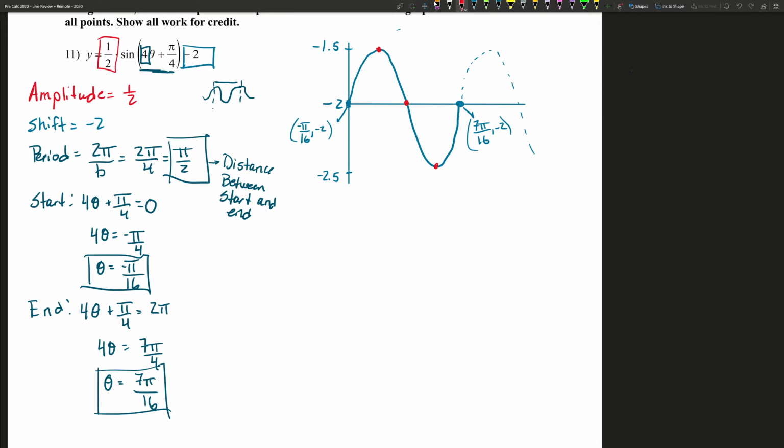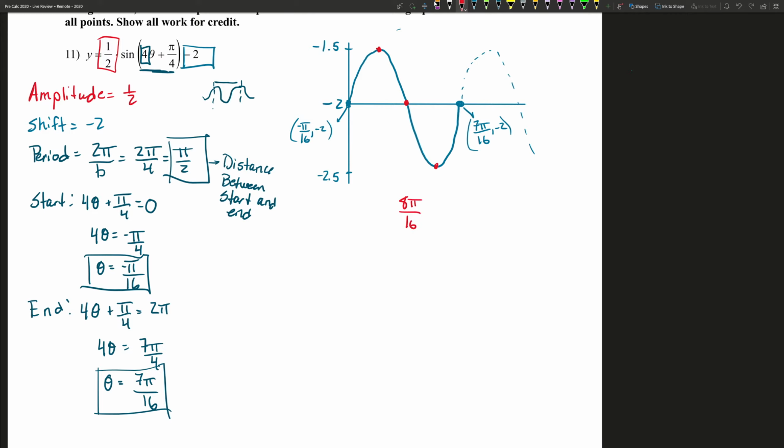Right, and each of those points are exactly 1/4 of the period after the last. Right, so a good way to do this is to go halfway between, right? So to find this middle point, -pi/16 to 7 pi/16, that's our period, right? So that's 8 pi/16.